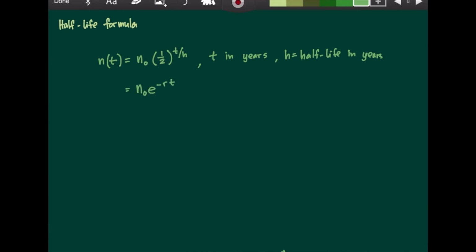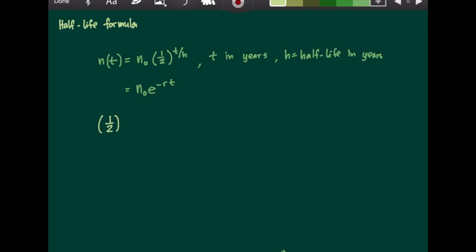Now, if you use the continuous growth model or continuous decay model, kaya tayo may e raised to negative r times t, kasi negative growth siya, decay siya, pababa ng pababa yung value. Gagamitin natin yung initial amount times e raised to negative r times t. So, we'll equate the two forms, and note na pareho sila may N sub 0, so wag na nating isama yon.